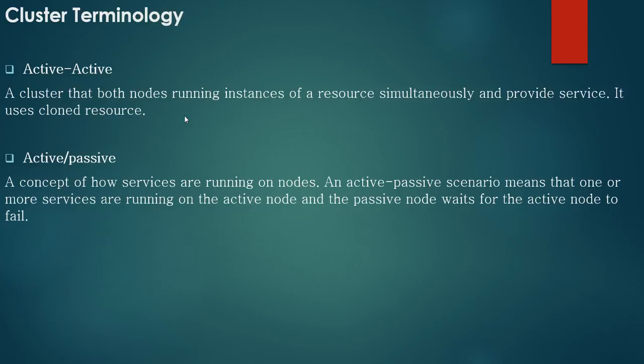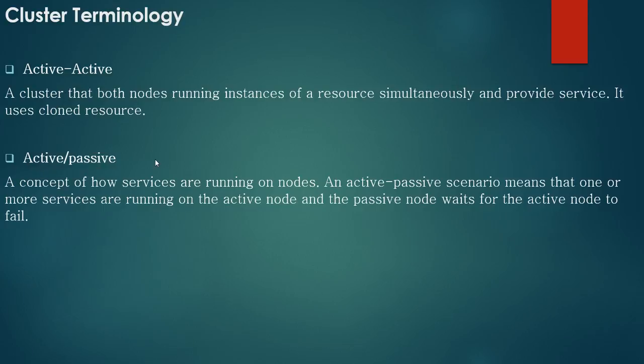We use cloned resources to provide the active cluster architecture. So if you are using an active cluster, we use clone resources, which are a type of resource. This is the basic explanation of an active cluster.